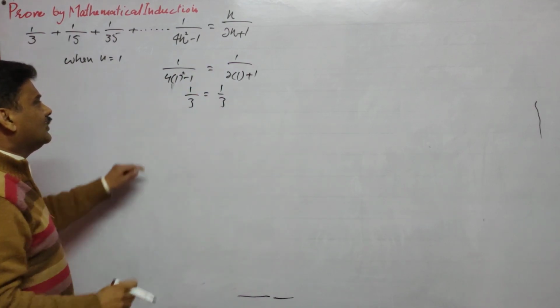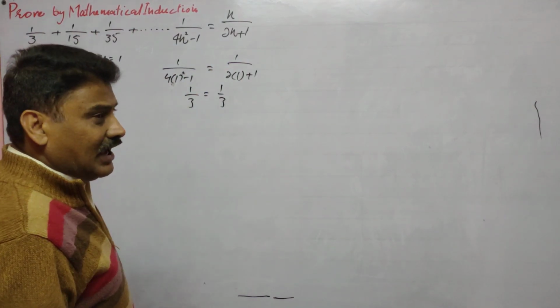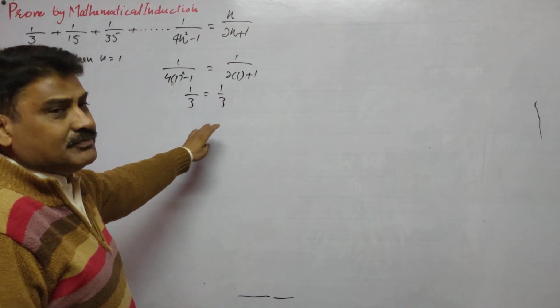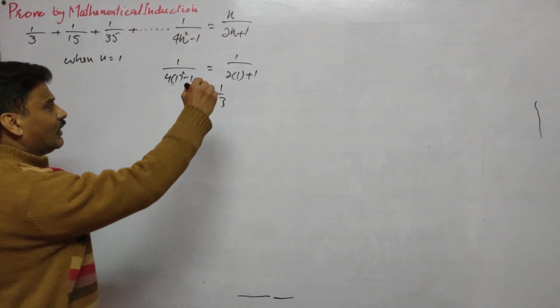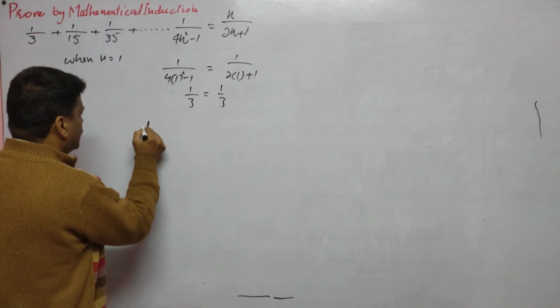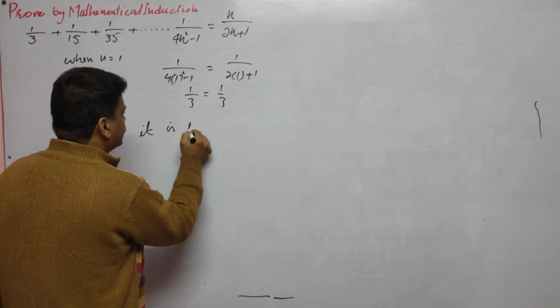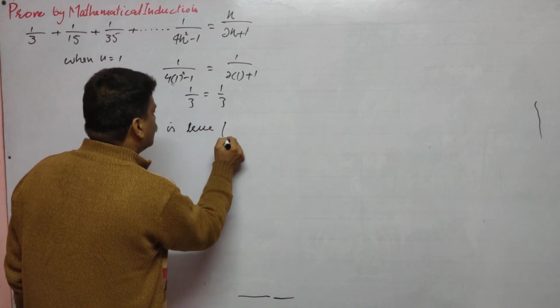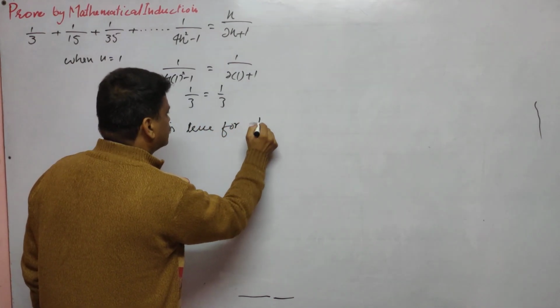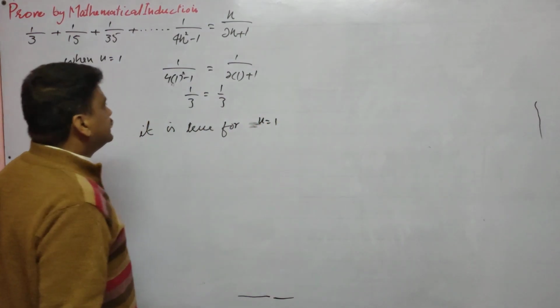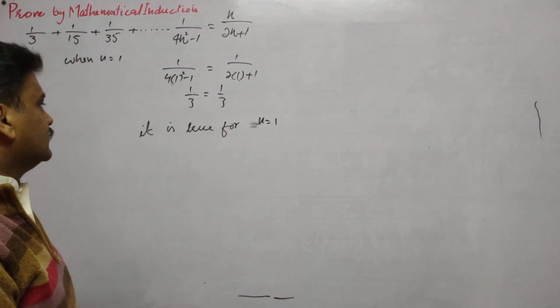Both sides are equal, so condition 1 is satisfied, which means it is true for n equal to 1.